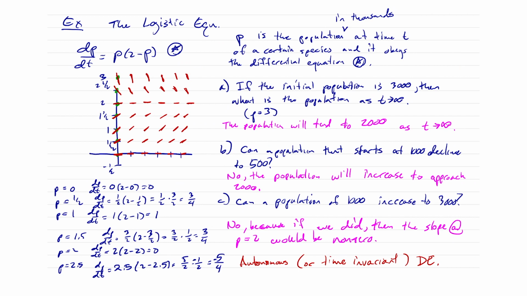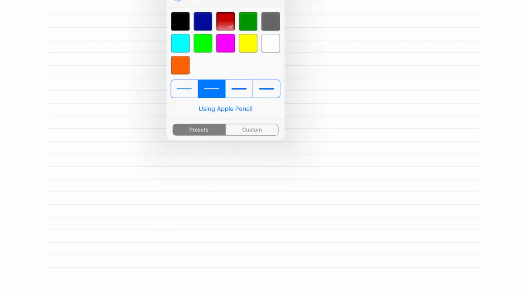Then here we used the fact that it was autonomous to just make a column and then copy it over. We can't always take advantage of all those ideas, but there is something you can do, and I think it's fairly interesting. This is going to be called the method of isoclines.